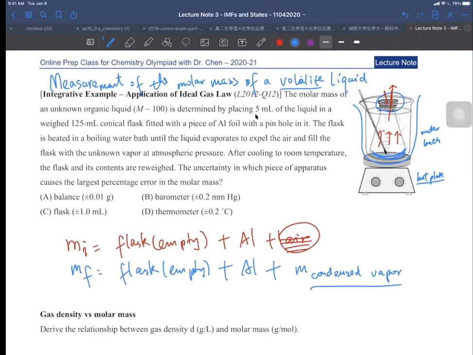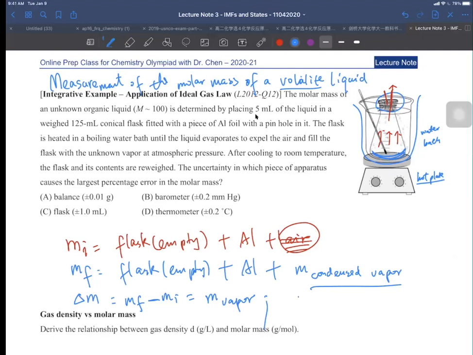And then we get delta M, which is MF minus MI, and that will be the mass of the vapor, right? Does this make sense to you? So far, so good, right?